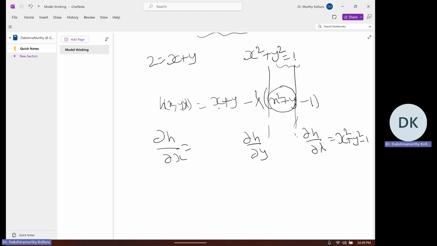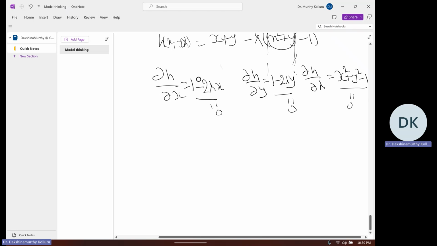Here, dou h by dou x will be 1 minus 2 lambda x. Here it will be more or less symmetric, 1 minus 2 lambda y. So this is one equation, this is the second equation, this is the third equation. We equate all of them to zero to solve this. But let's look at the first two equations.